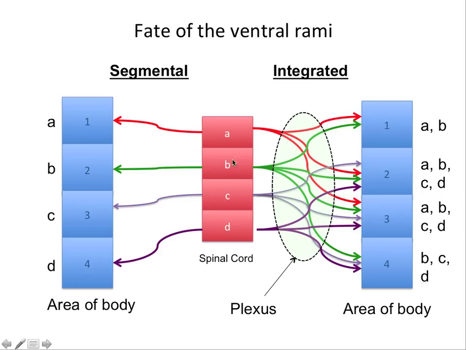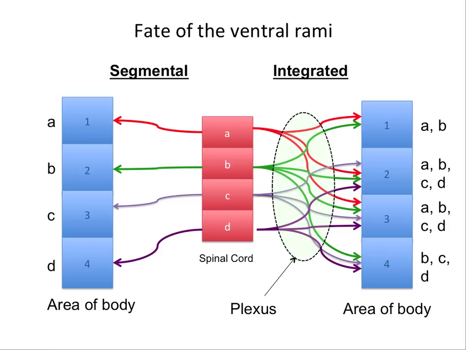And likewise, from section B of the spinal cord, you might get axons ending up at 1, 2, 3, 4 areas of the body. So this can get quite confusing when we actually look at the different formation of the plexuses and what spinal nerves contribute to what area of the plexuses. But we'll talk about that later in the semester.